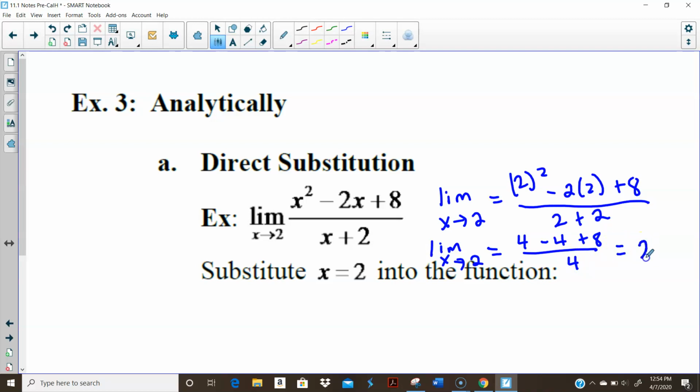And this is going to equal 2. So we could say the limit as x approaches 2 of f of x is equal to 2. And f of x is referring to this function right here, x squared minus 2x plus 8 over x plus 2.